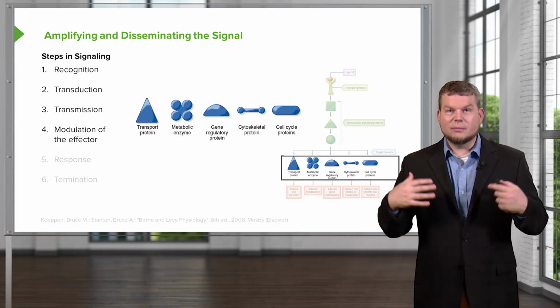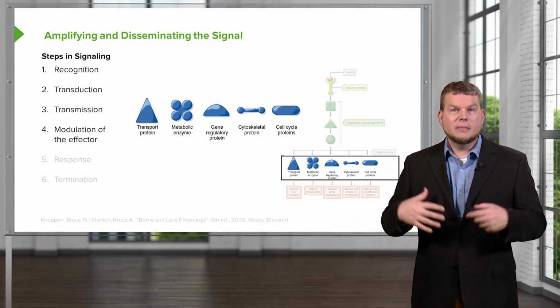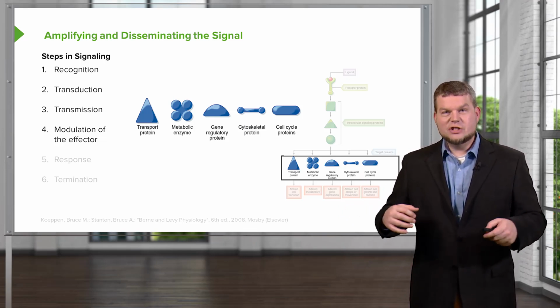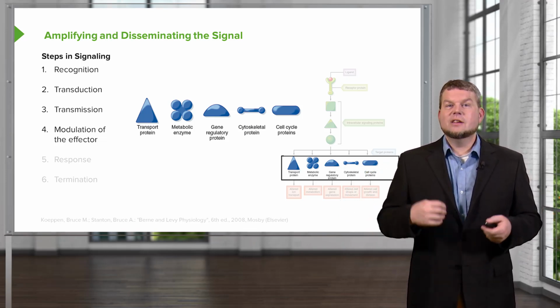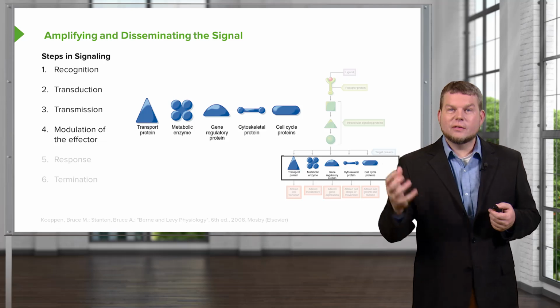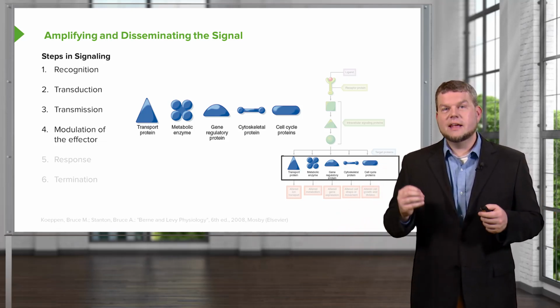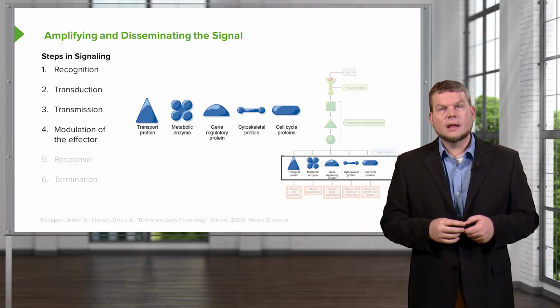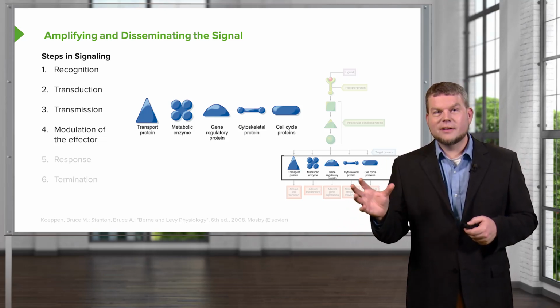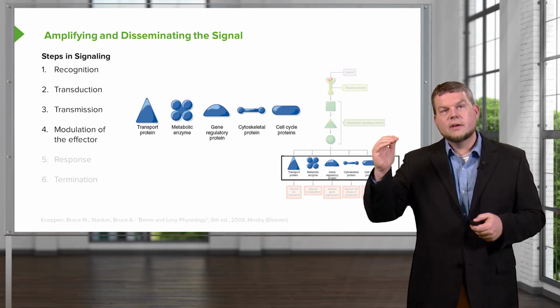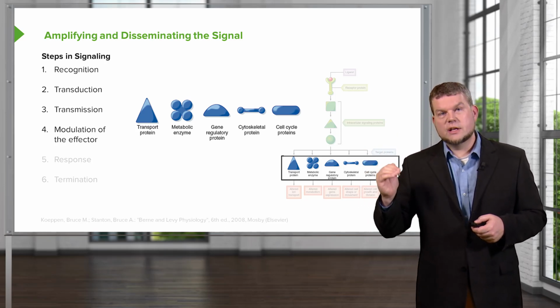You want to either have proteins being made, enzymes being activated, genes being upregulated. You might have proteins being built to sit in the cytosol or other cell proteins that might have interesting activities. But to get to this important effect, you have recognition, transduction, and transmission.